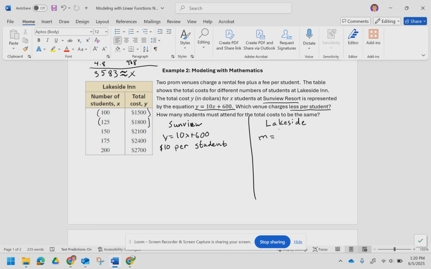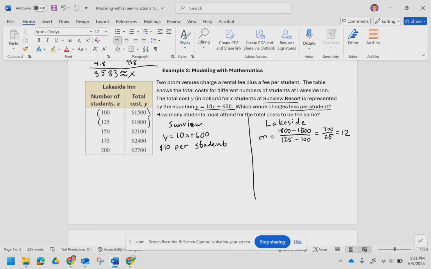So I'm going to do my change in y all over my change in x, which is going to be 300 over 25, which is then going to give us 12.